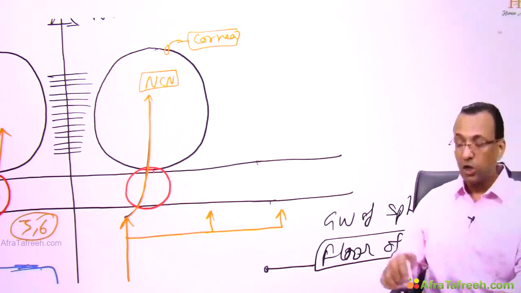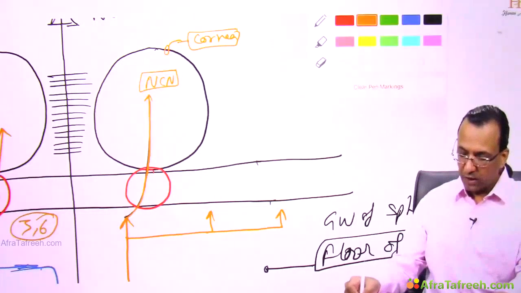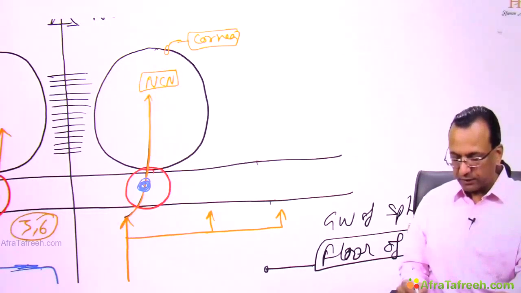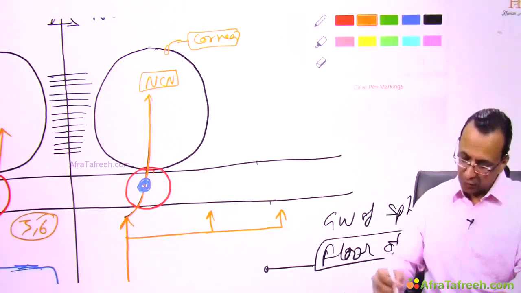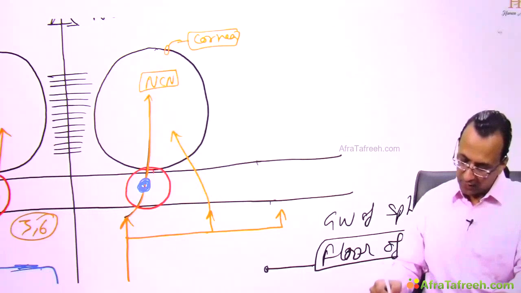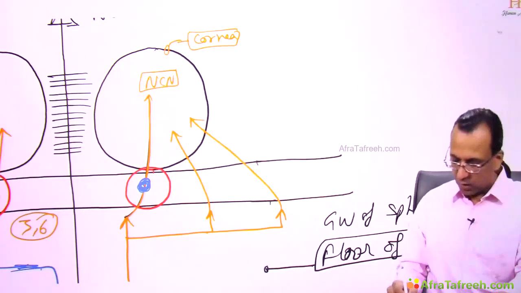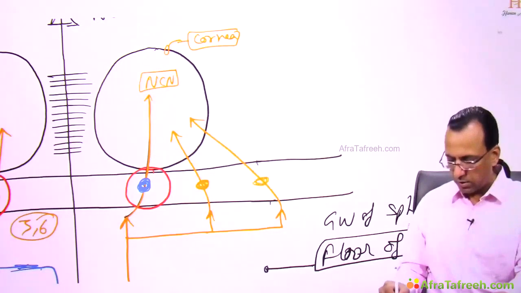It's passing through the ring of Zinn. If it is passing through the ring of Zinn, then what about the other branches of the ophthalmic trigeminal? They are actually outside the ring of Zinn to enter the orbit.